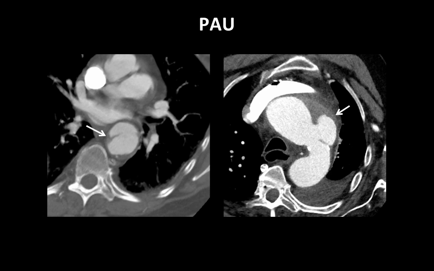We can see hemorrhage within the media adjacent to the atherosclerotic ulcer. There's also some hemorrhage in and around the wall of the aorta, indicating that this is a very active inflammatory process.